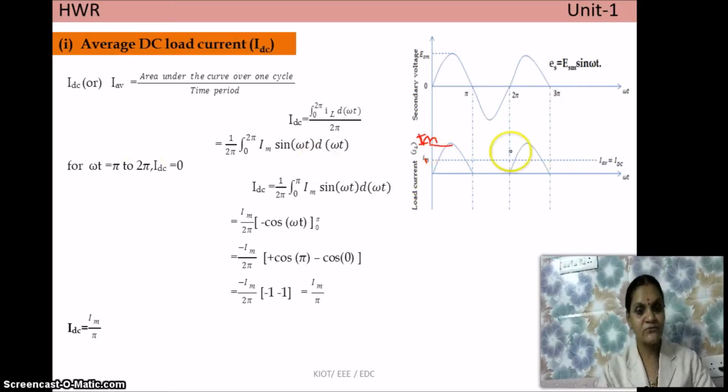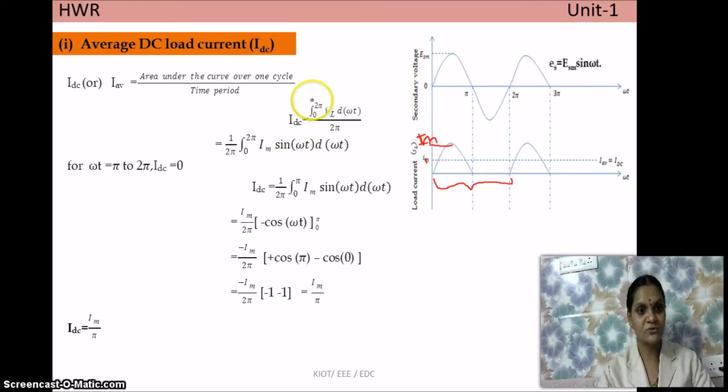To find the average value of a sinusoidal signal, the formula is the area under the curve over one complete cycle divided by the time period. So IDC equals the area under the curve over one complete cycle. This is the curve we are considering over one complete cycle, and the complete cycle time is 0 to 2 pi.